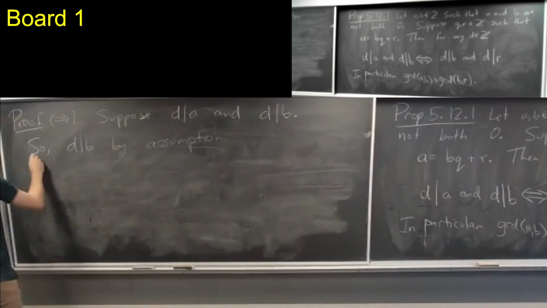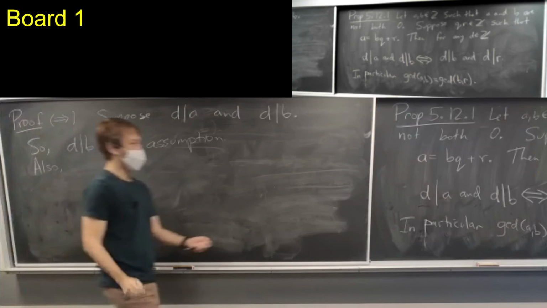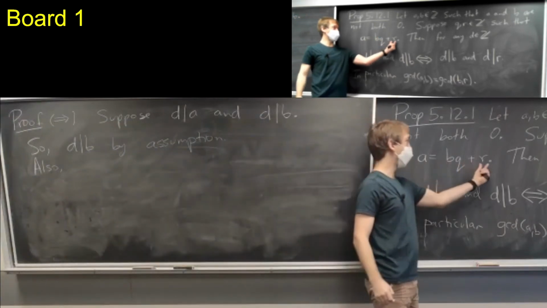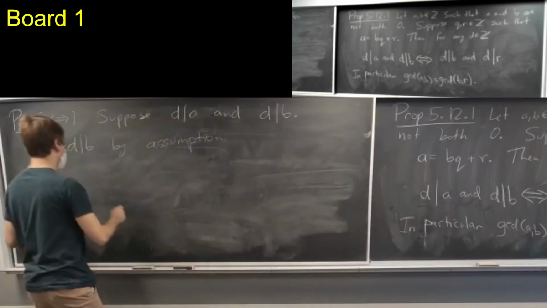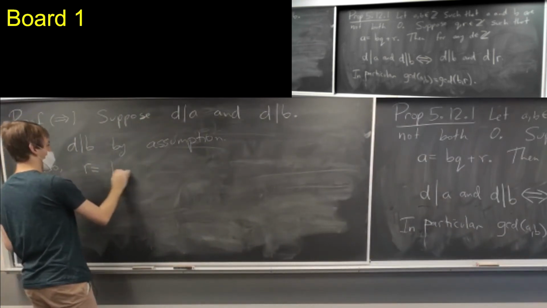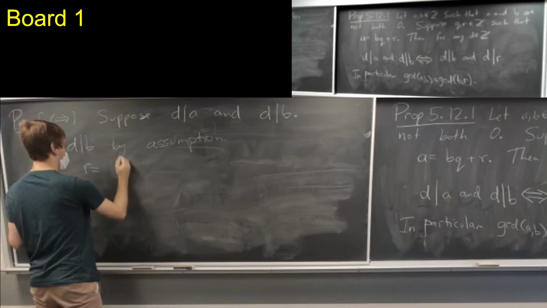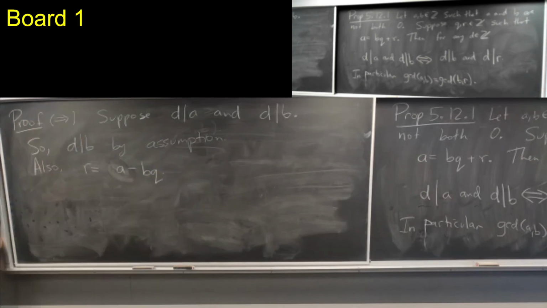So now I'm trying to prove that D divides R, and I can rewrite R using my equation. R is equal to A minus B times Q. So why am I happy at this point?